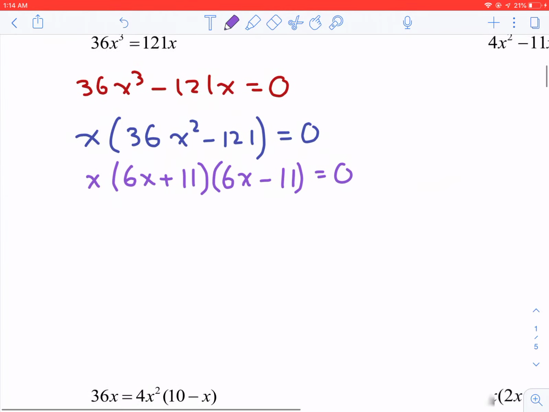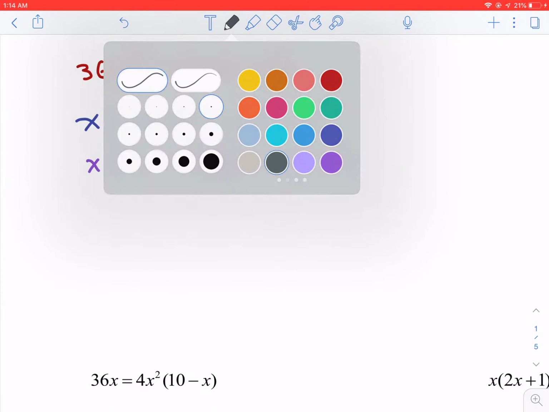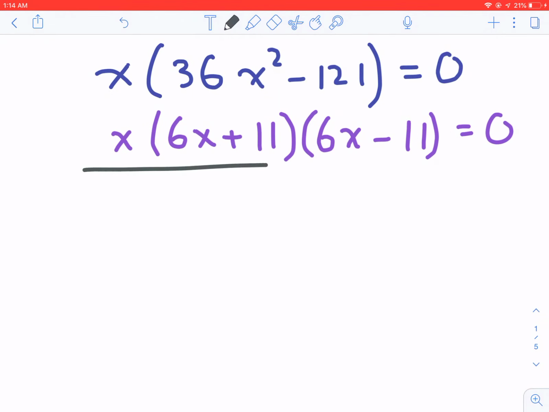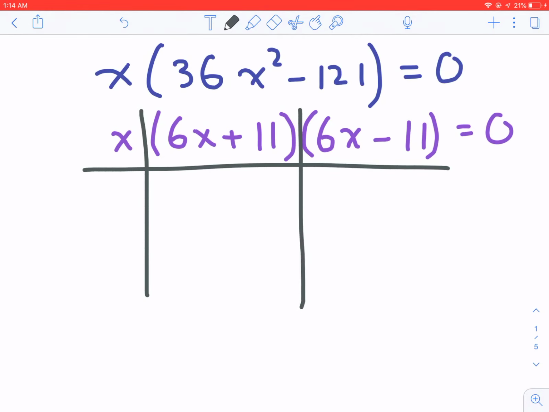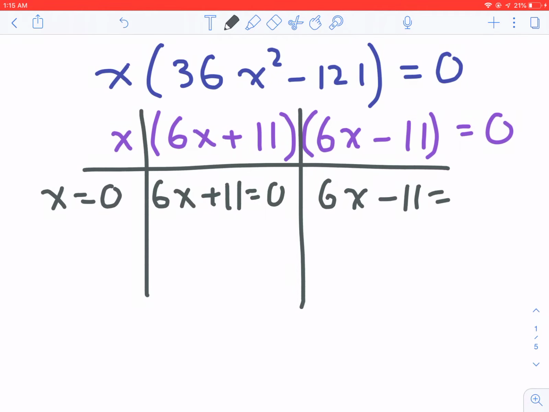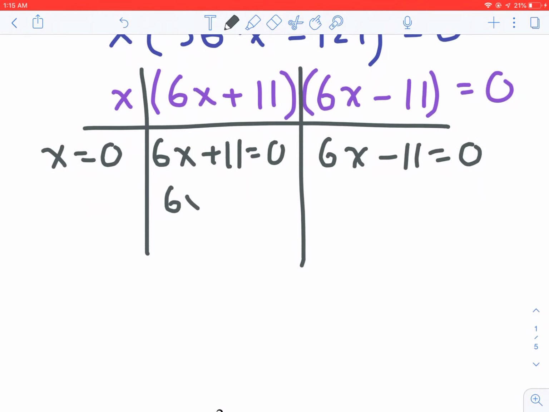And only now that it's fully factored can I tee it off and get my solutions. So in this case, I have x times 6x plus 11 times 6x minus 11, so I should have 3 solutions. You set each one of those factors equal to 0. And there we go, we get 6x equals negative 11, so x is negative 11/6.